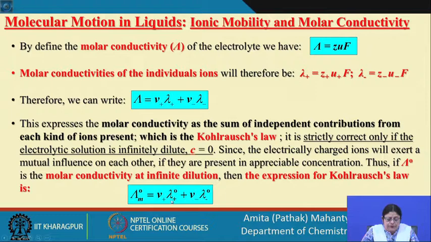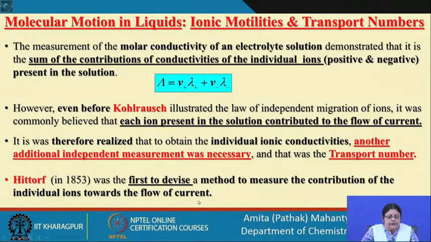These are the molar conductance of the cation and the molar conductance of the anion. So, from here, the molar conductivity of an electrolyte can be demonstrated to be the sum of the contributions of the conductivities of the individual ions, the positive and negative ions present in the solution.